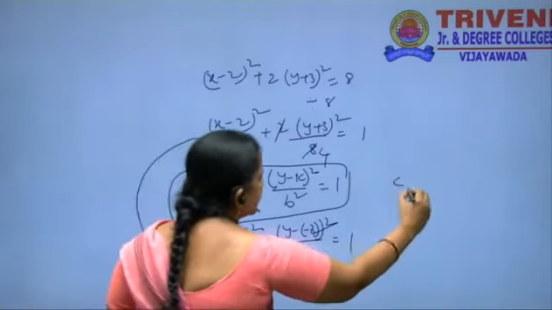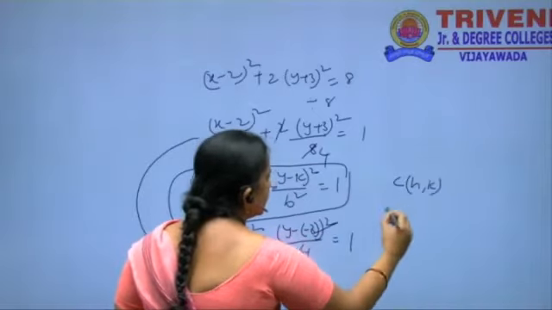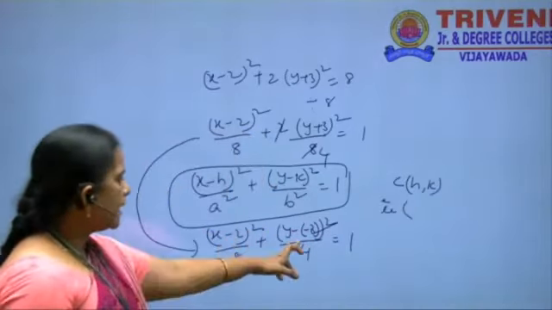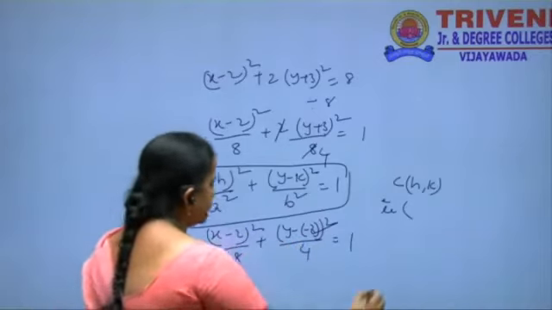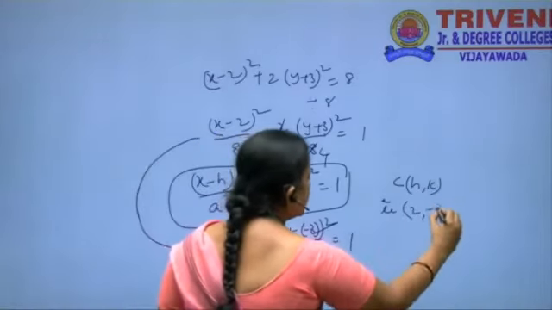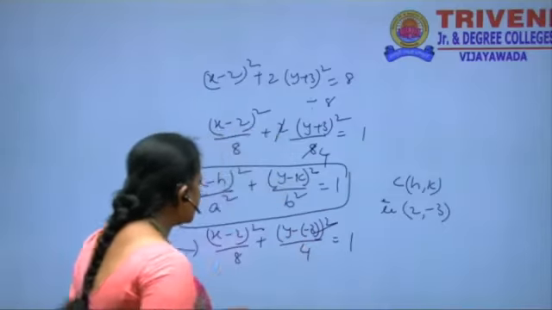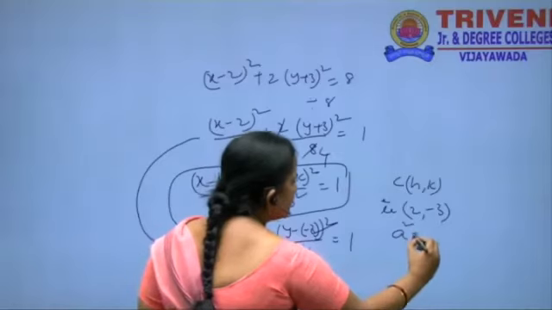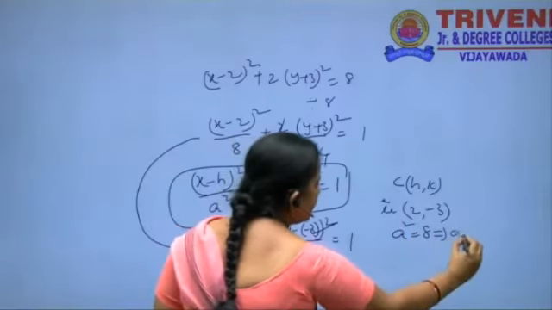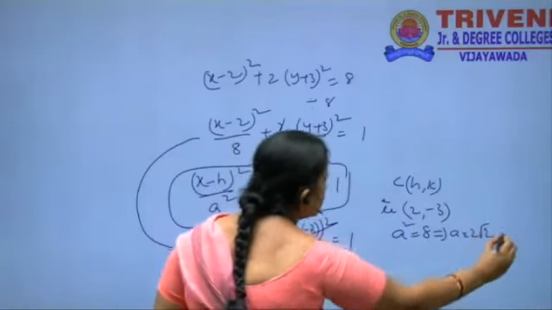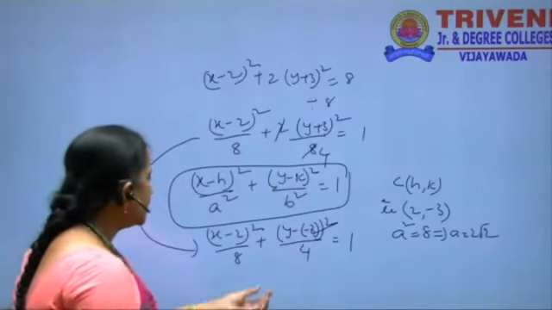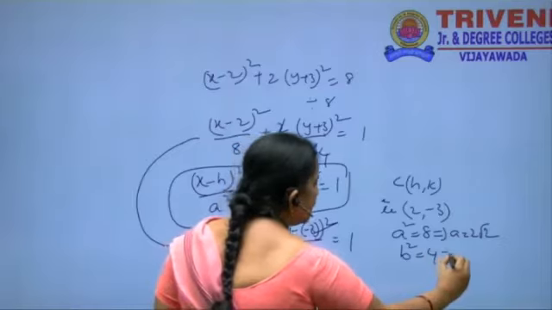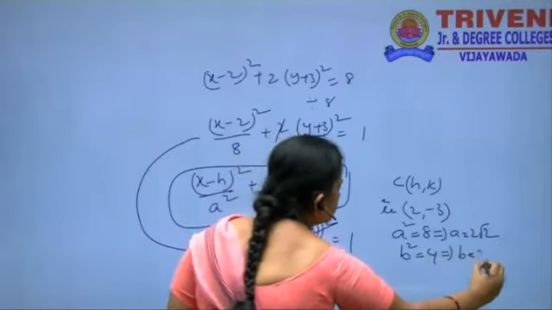Here the center h comma k, that is the value of h is 2 and k is minus 3, so 2 comma minus 3, and a square is equal to 8. Then a will become 2 root 2. B square is equal to 4, b is equal to 2.